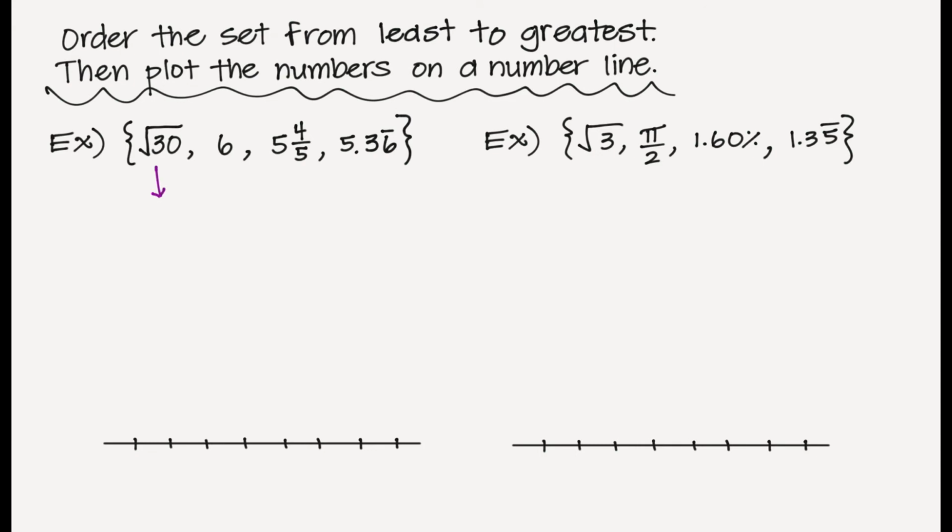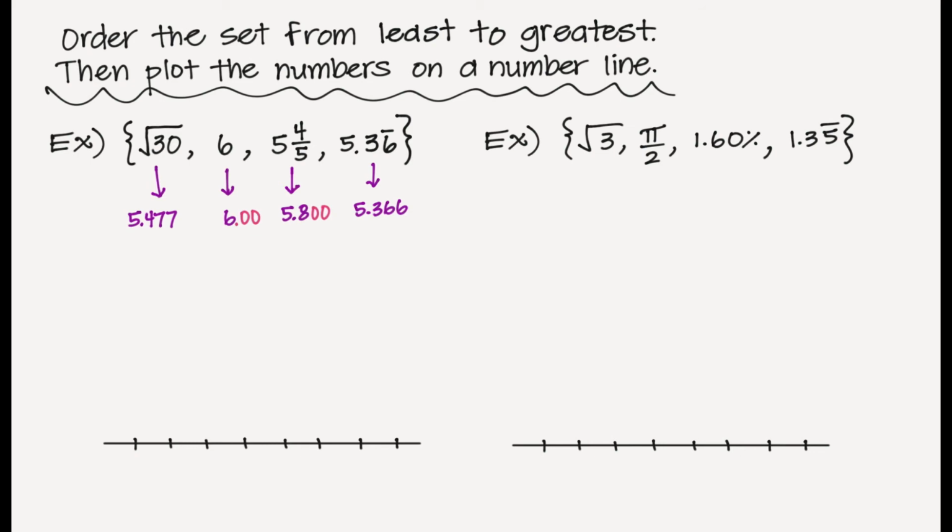So the square root of 30 is around 5.477. 6 is just the number 6. 5 4/5 is the decimal 5.8. And then 5.36 with a bar over it would be 5.366666 continuing.